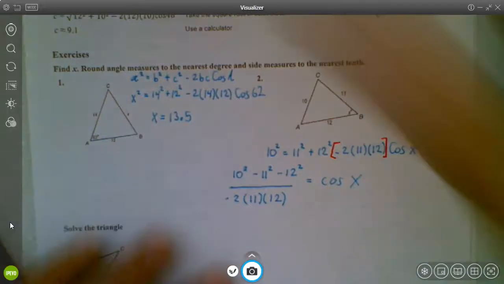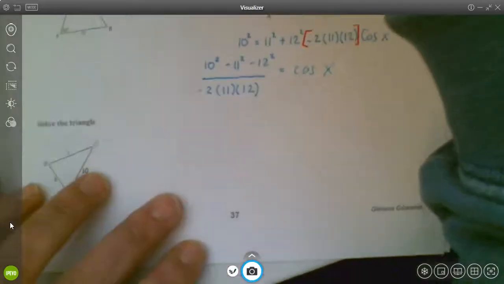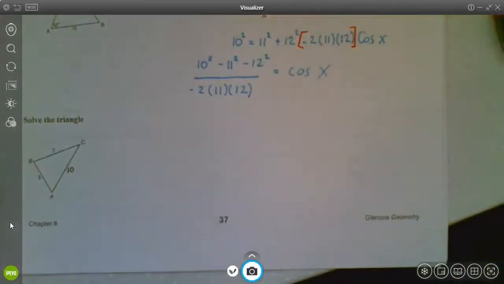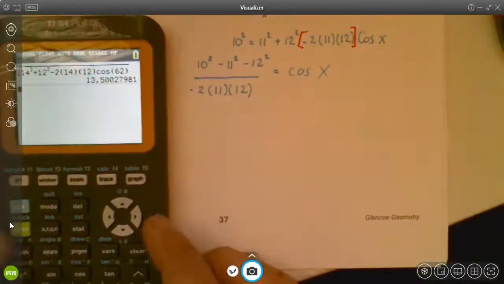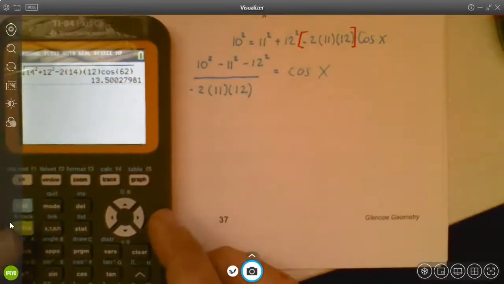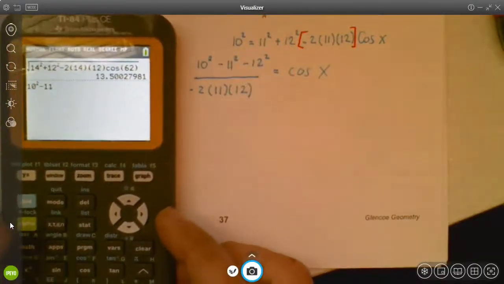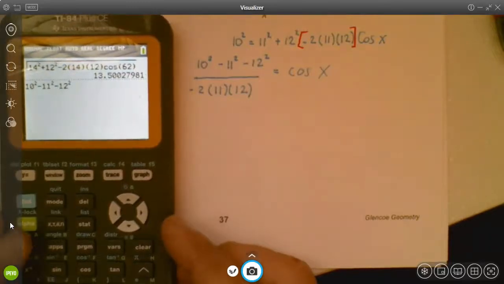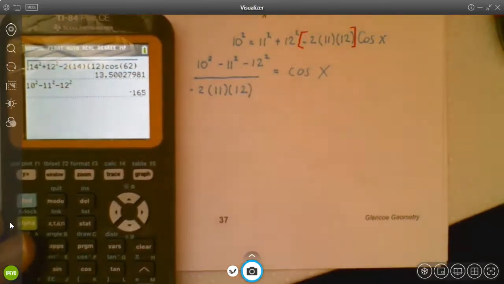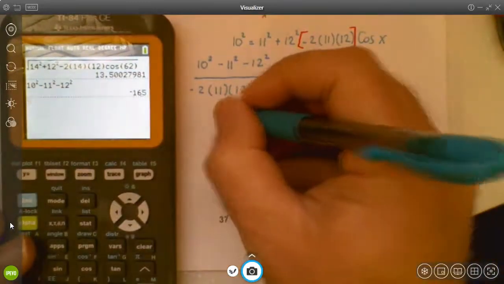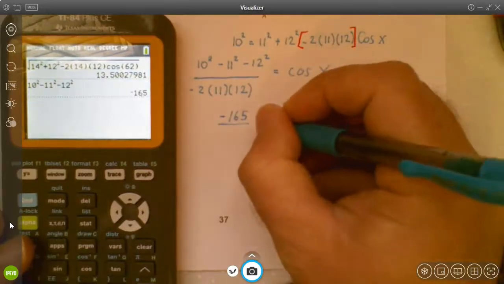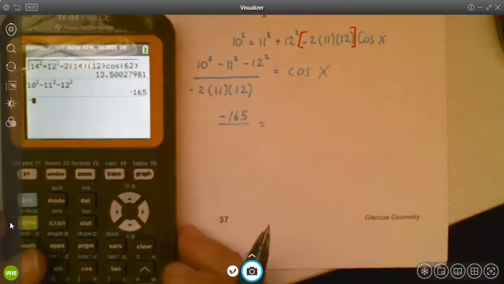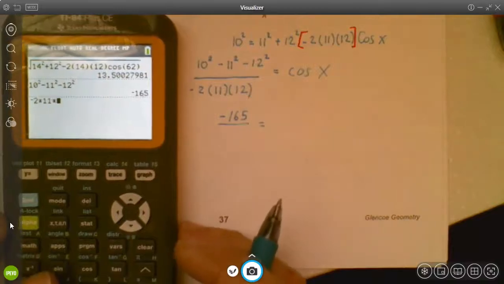Let me simplify some of that before I start doing trig functions in my calculator, because there's kind of a lot going on there. So let's just get the numerator. So I got 10 squared, obviously 100, minus 11 squared, minus 12 squared. So here's the numerator. On bottom, negative 2 times 11 times 12.